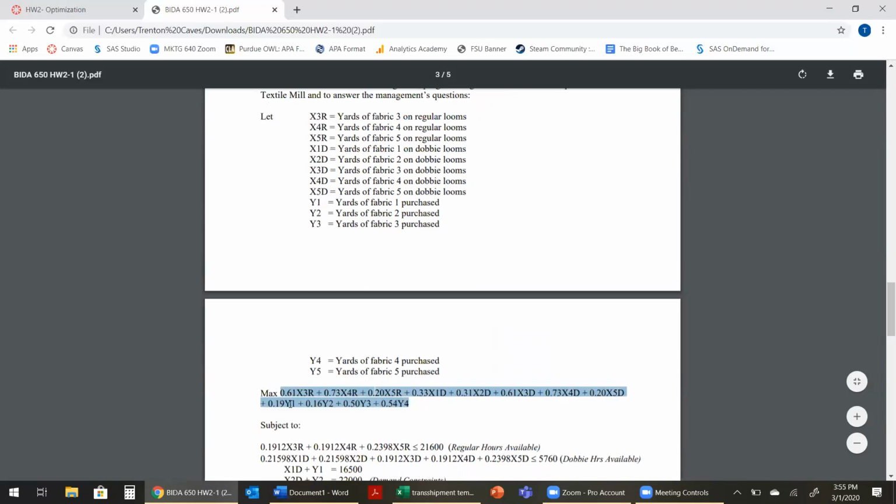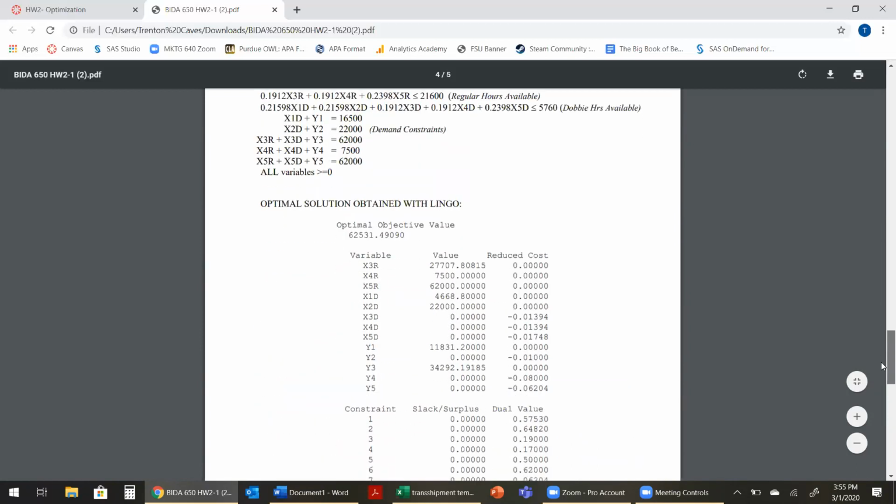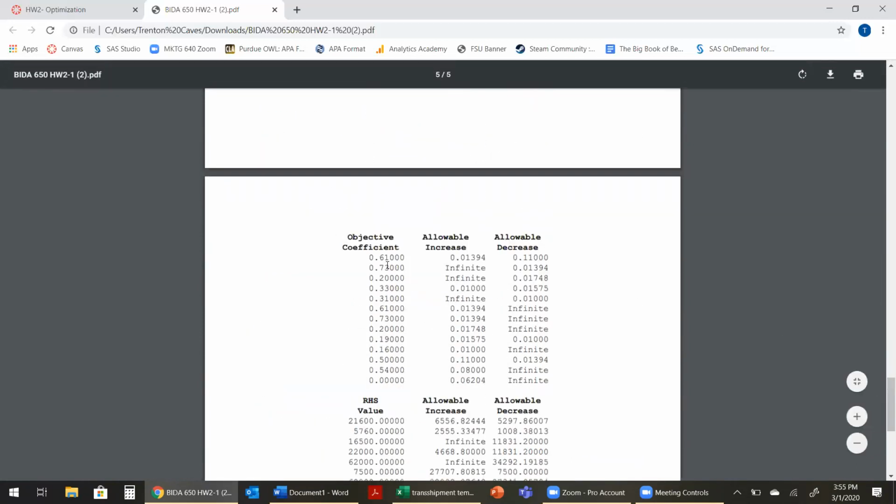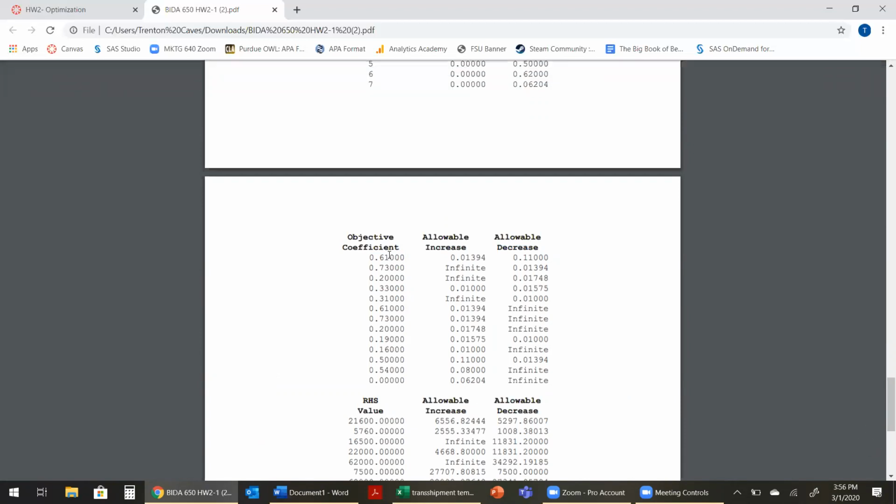So your 0.61 x3r is your first coefficient. 0.61, allowable increase and decrease. So these are our profit from each of our units.